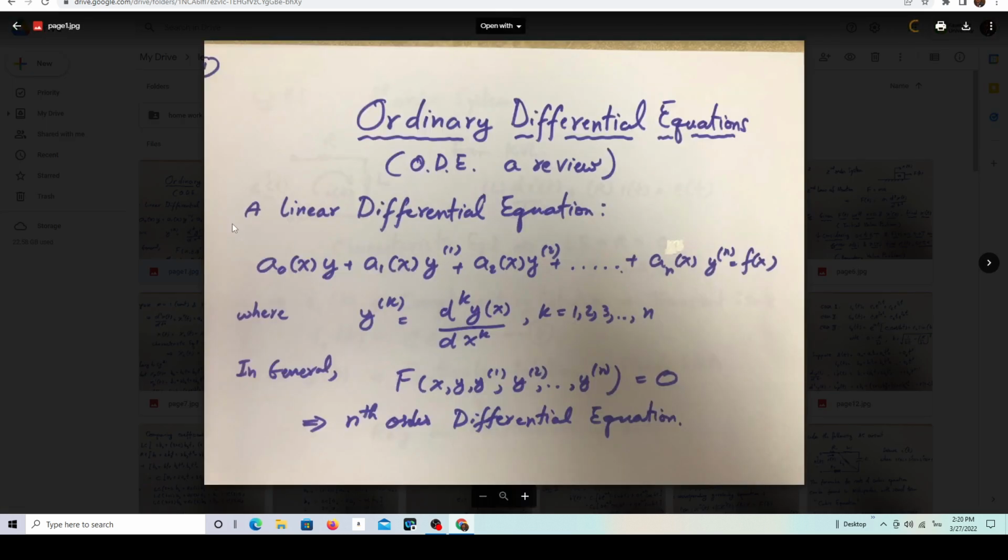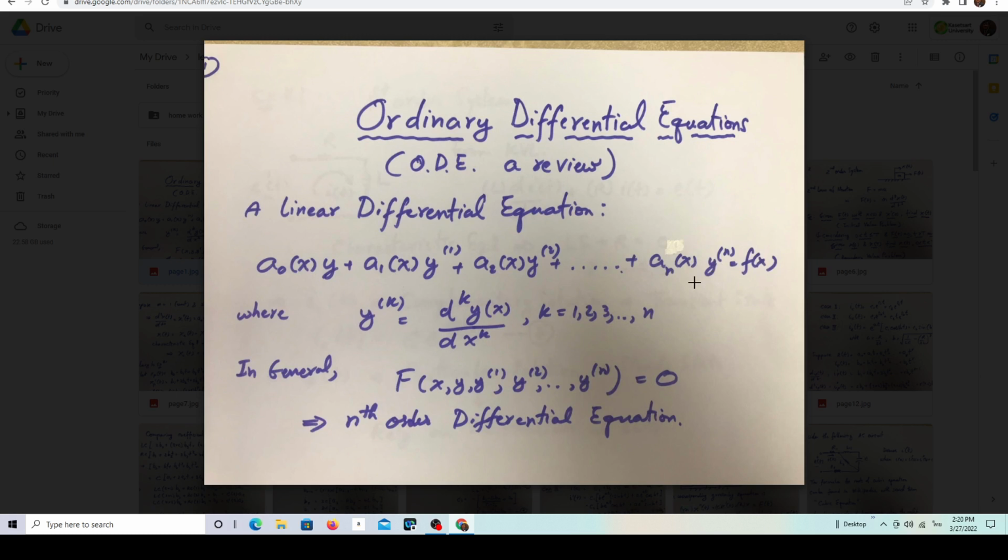I expect that you have a background in what we call the ordinary differential equation, abbreviated ODE, from your mathematics course last semester, especially in the form of the linear differential equation: a sub 0 of x times y, plus a sub 1 of x times the first order derivative of y with respect to x, plus a sub 2 of x times the second order derivative of y with respect to x, up to the nth order, a sub n of x times the nth order derivative of y with respect to x.